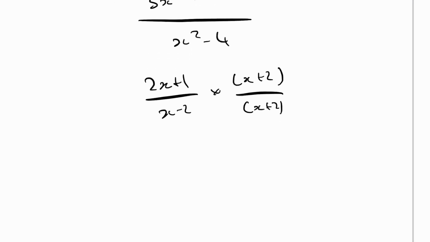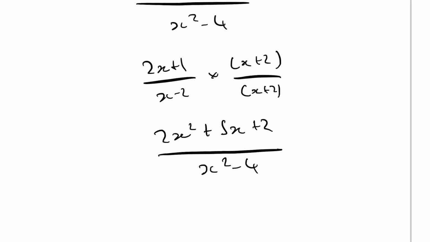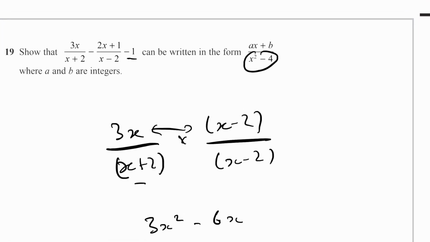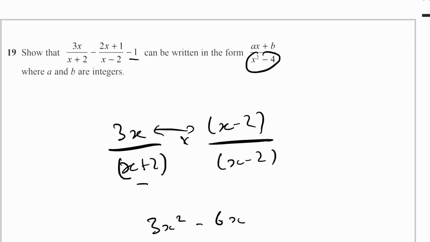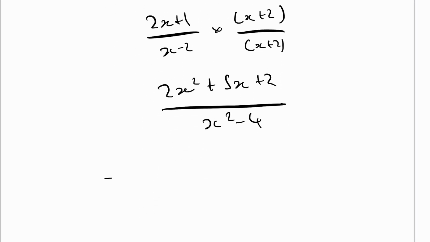So if you do that, you get 2x squared plus 4x plus x, so that's 5x plus 2, all divided by x squared minus 4, which is what you wanted. And then you do the same thing for the last one, which is just minus 1. This would come out to x squared minus 4 over x squared minus 4, but minus, right? So the last one is just minus x squared minus 4 over x squared minus 4.